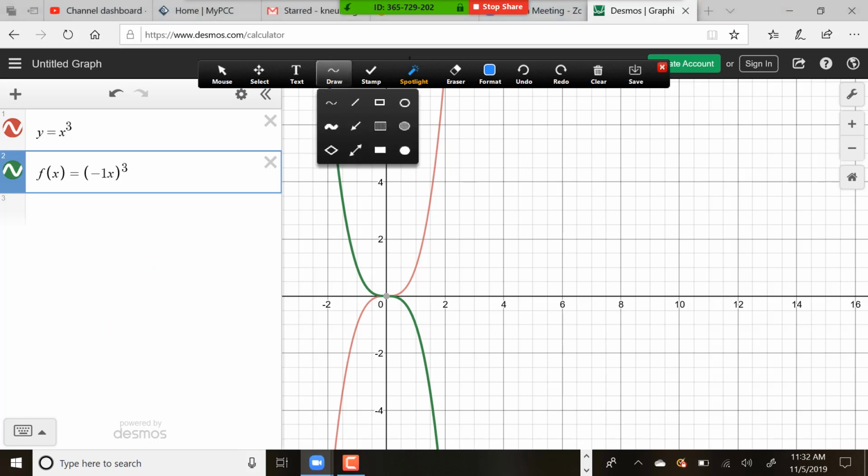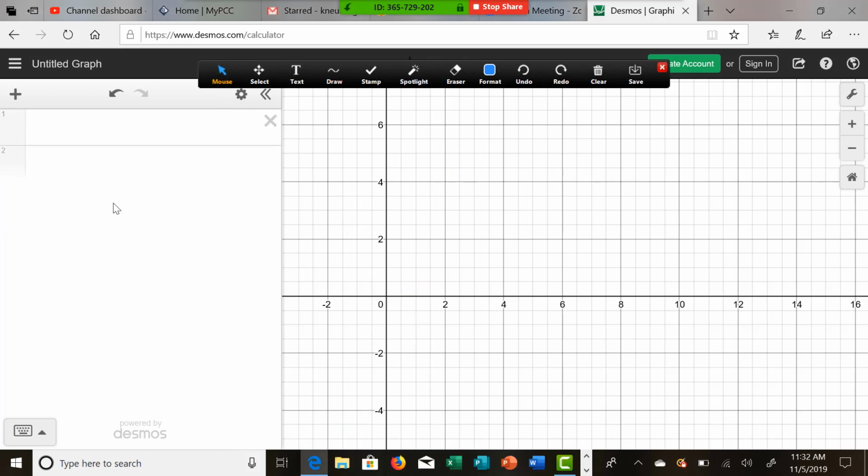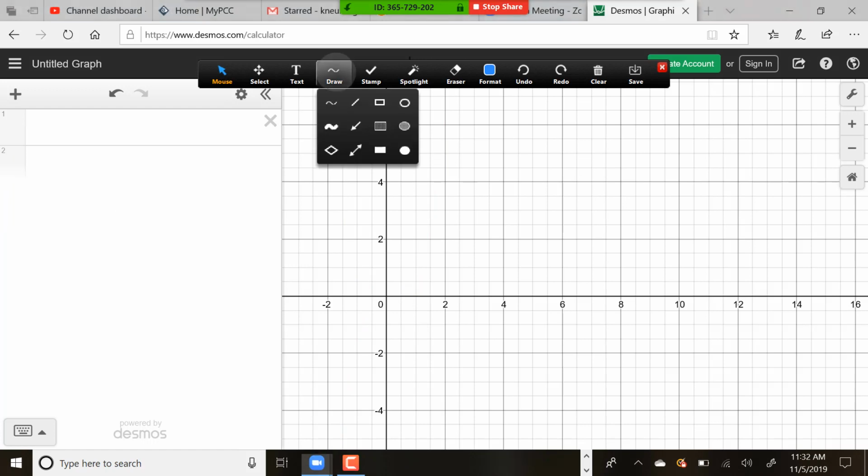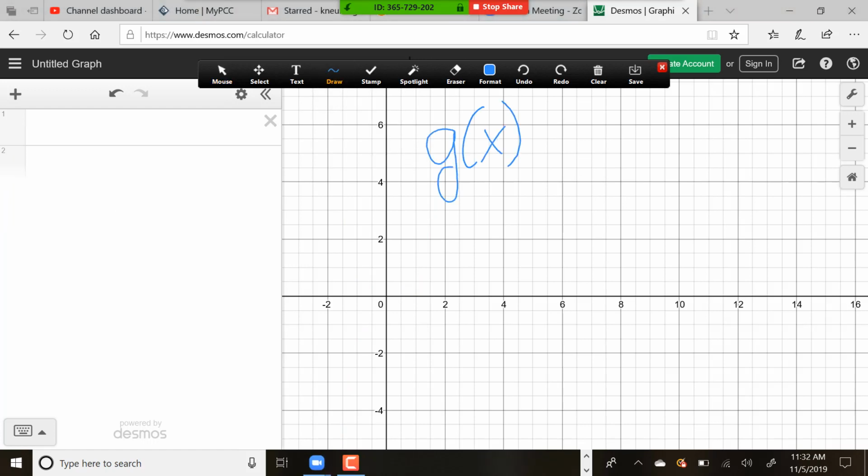Now let's summarize this. Let's say that you have a random function, g of x, and g of x is changing f. So you could have a number outside multiplied by f, and you could have a number inside multiplied by the x.